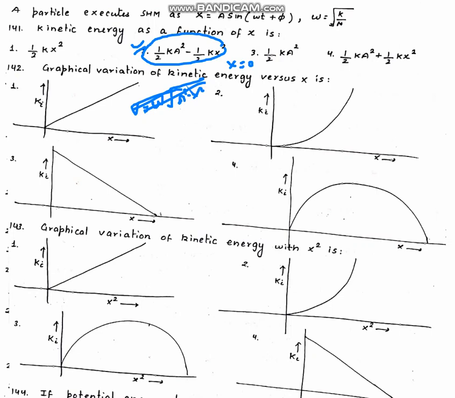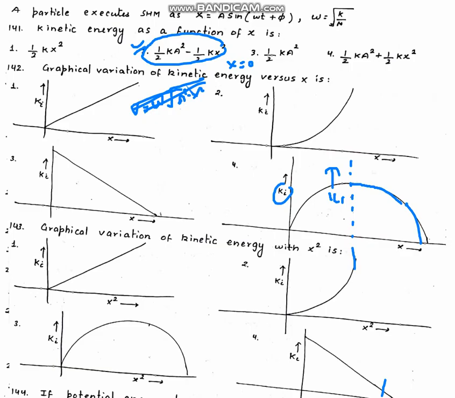Next is graphical variation of kinetic energy. So it will be a parabola, and in fact this graph should be like this. So just shift this graph to this, it will be like this.